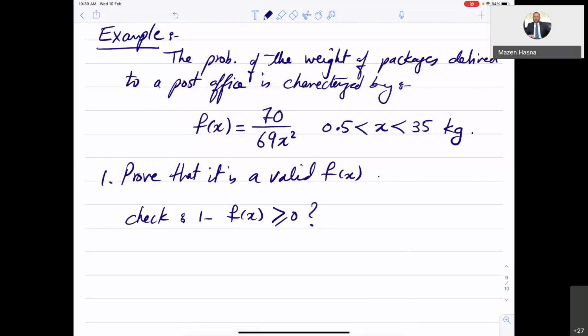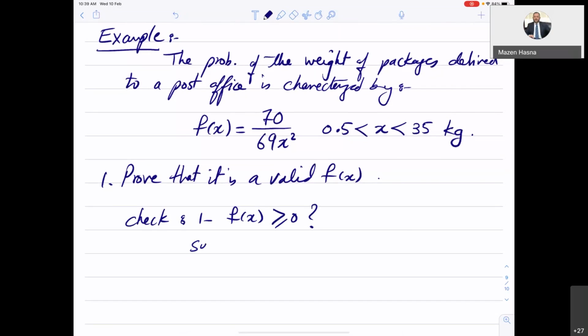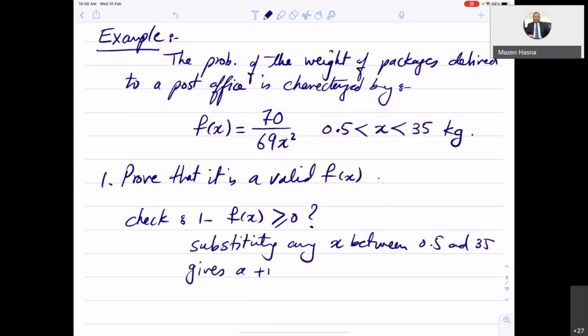If we substitute any value, so here substituting any x between 0.5 and 35 gives a positive number, which means first just substitute x here, any value between 0.5 and 35, it will always be positive.